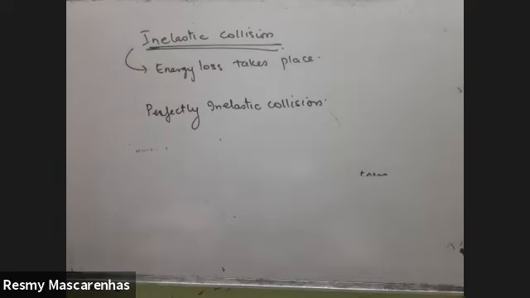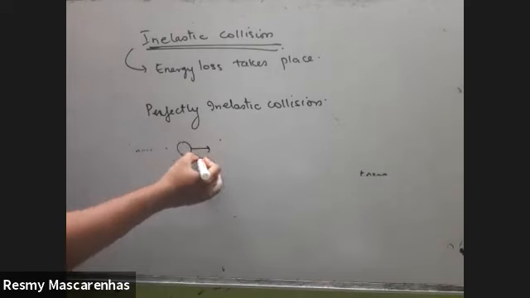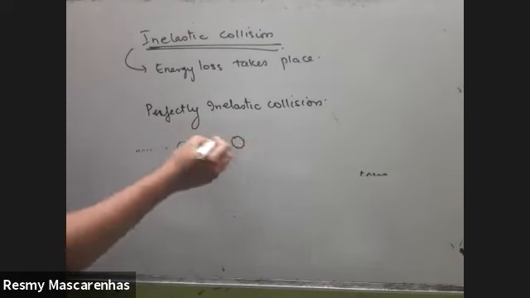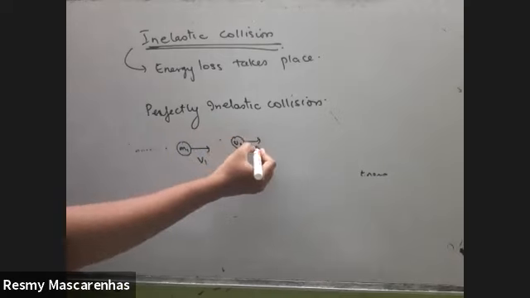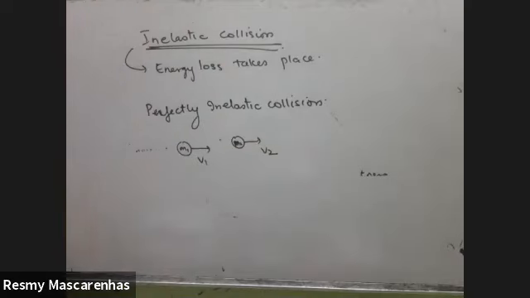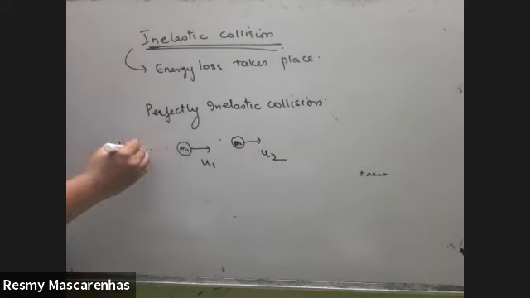In perfectly inelastic, what happens is, if this one was moving suppose with v1, and this m2 was moving with v2, or u1 and u2 initial, we can consider u1 and u2. This is before collision.